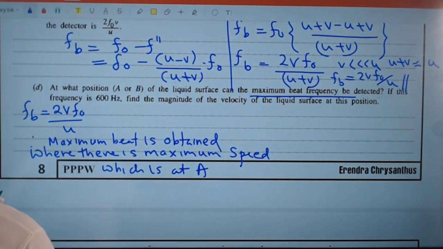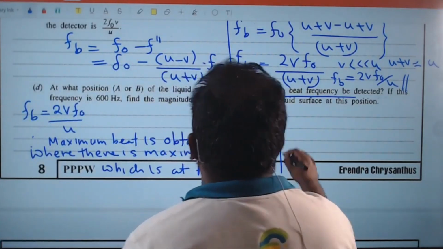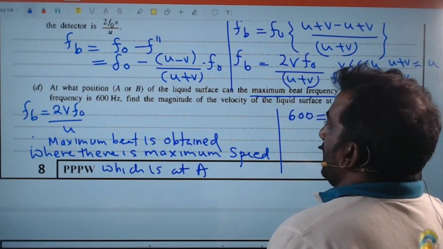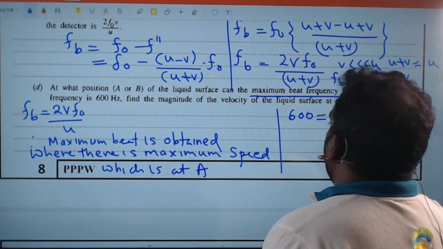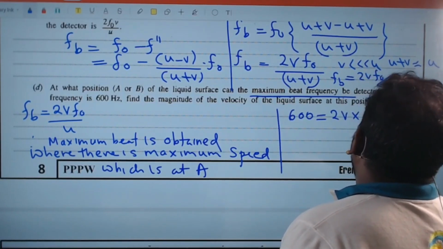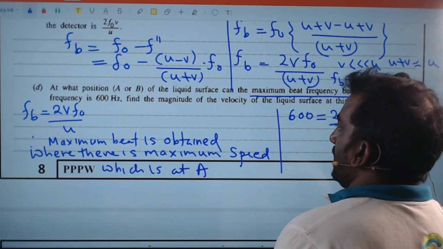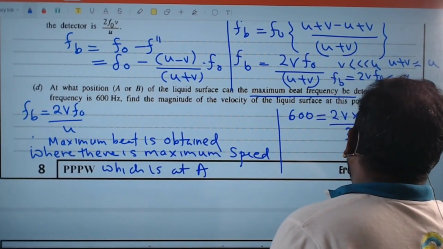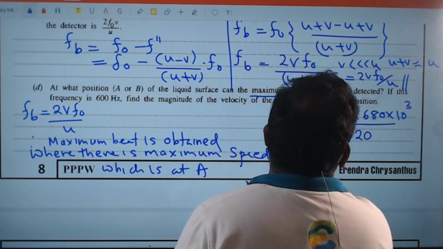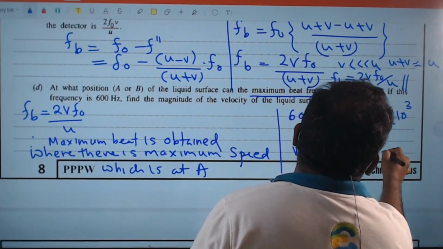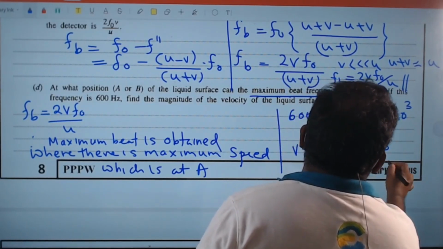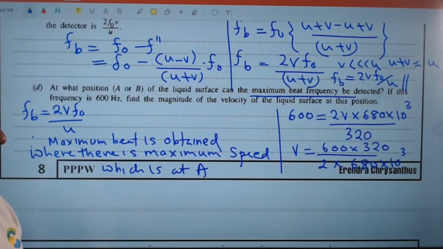If this beat frequency is 600, find the magnitude of the velocity of the liquid surface. So beat frequency is 600 equals 2v f naught over u, where f naught is 680 kilohertz and u is 320. v equals 600 multiplied by 320 divided by 2 multiplied by 680 into 10 to the power 3. Simplify this.